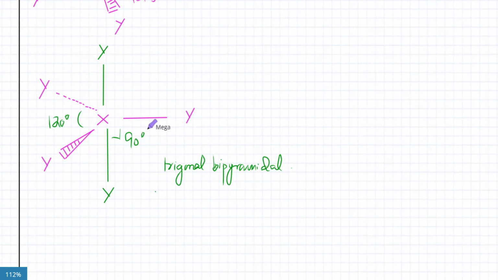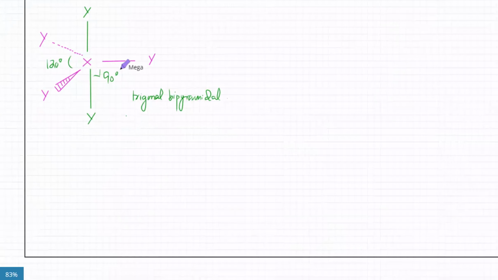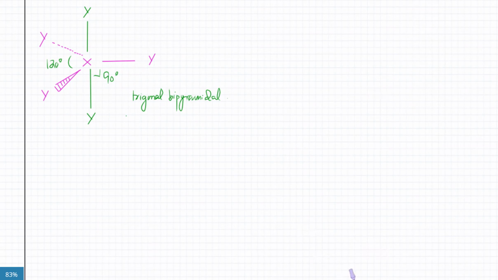And then you have 6 bonds. What if an atom or a molecule has 6 bonds? So the shape for 6 bonds would be like this. There would be an atom in the middle, and there would be bonds all around it.